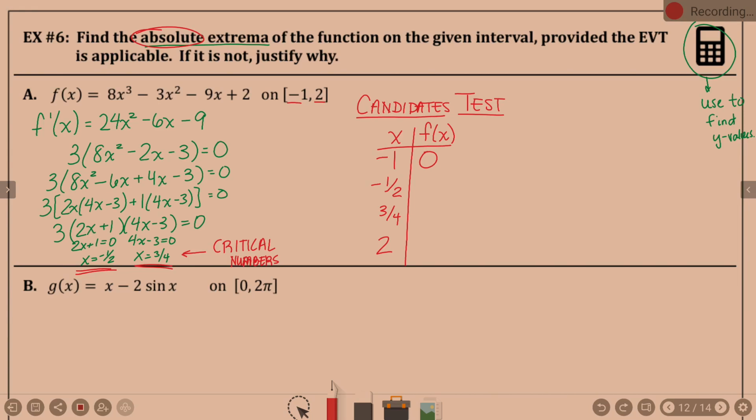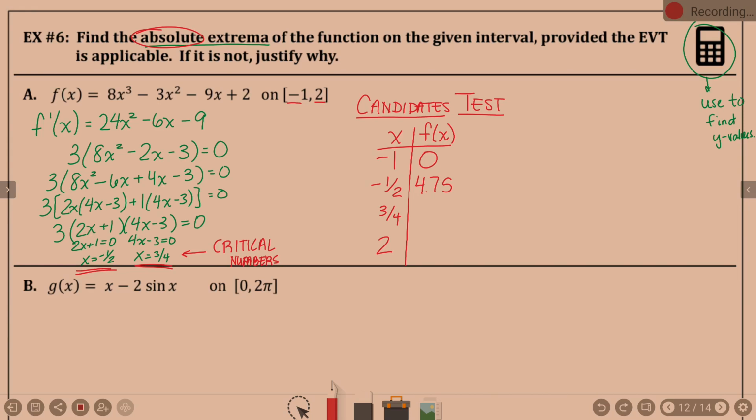Okay. 19/4. Yeah, I got that. I have written on my paper as a decimal, 4.75. Not that you can't go fraction, but when I'm comparing these, I want it easy. Anyone got the others?